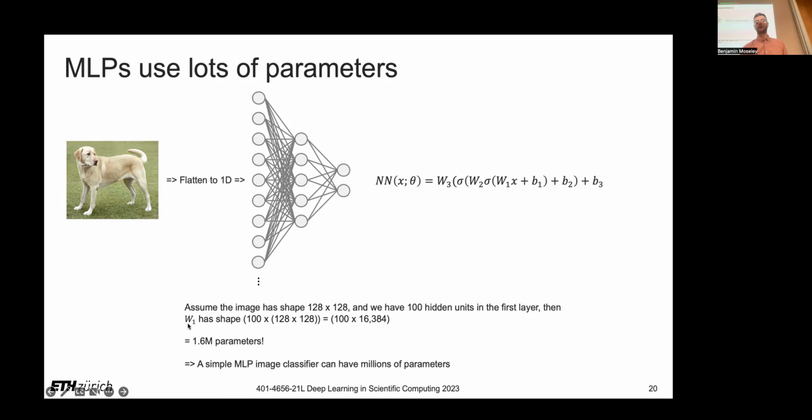So what does the weight matrix need to be? Remember, each of these neurons is fully connected with the previous ones. So we have 100 neurons times 16,000. That weight matrix has over 1.6 million parameters in it. So that's a big jump, going from simple polynomial regression with like 5 parameters to millions of parameters.